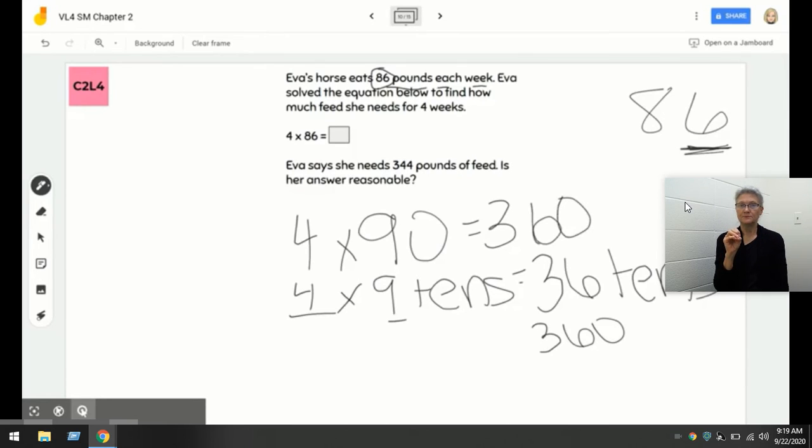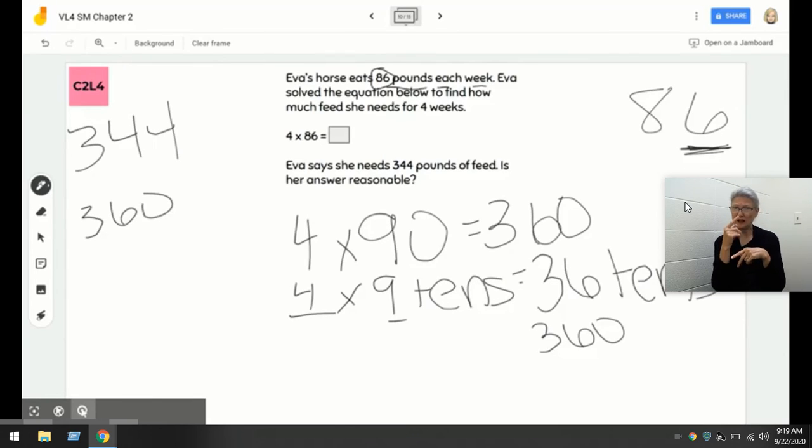And don't forget, what is the actual question even asking us? Eva says that she needs 344 pounds of feed. Is her answer reasonable? Well, she's saying 344. We did the math and we came up with 360. Do you think that those two numbers are fairly close?